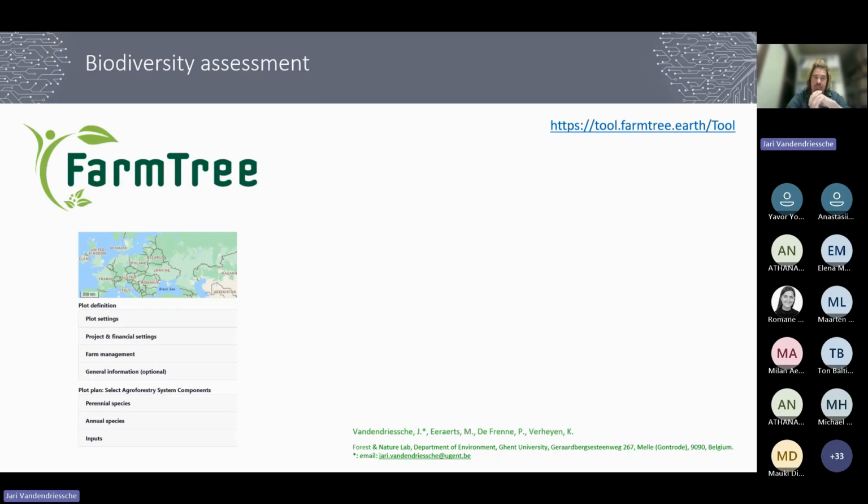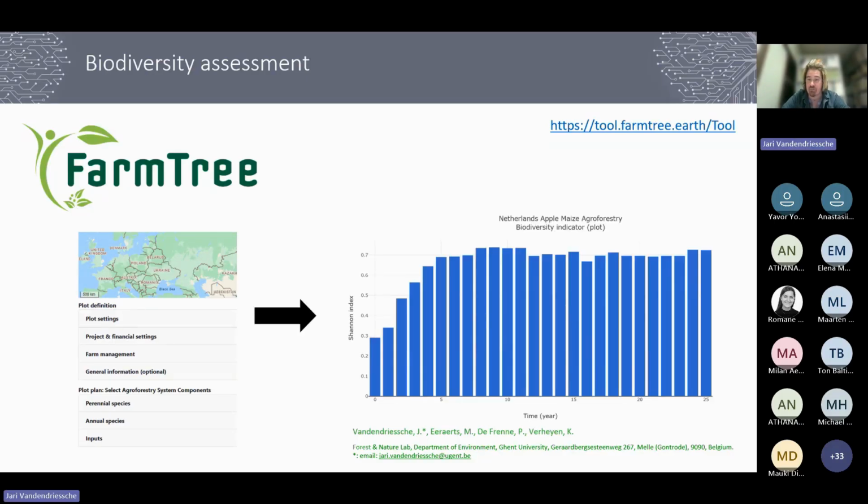In terms of biodiversity assessment, FarmTree really gives you the option to indicate your plot characteristics. So it's also plot-based. You can also make it a bit broader than that. But then you really just complete all the information on your field. And then the results show what is called Shannon diversity.